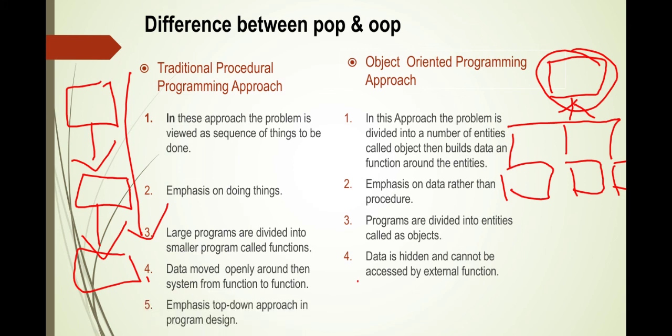And the last is emphasis on top down. It starts from the top and ends at the bottom. But object oriented programming follows a bottom up approach, because the small objects are executed first, then they integrate and perform the whole program. That's why it is a bottom up approach.